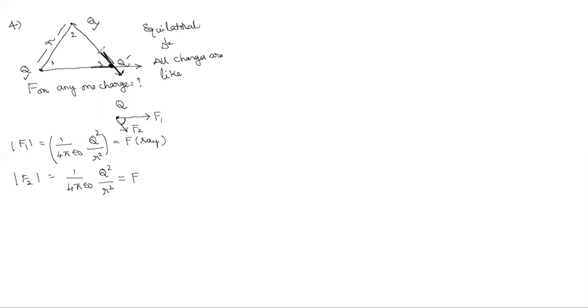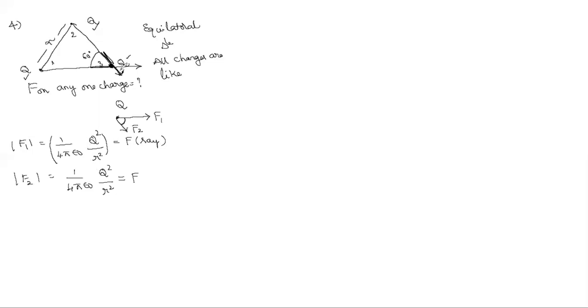Since it is an equilateral triangle, I know that angle: it is equal to the opposite angle, which is 60 degrees. So I can find the net force on the third charge.